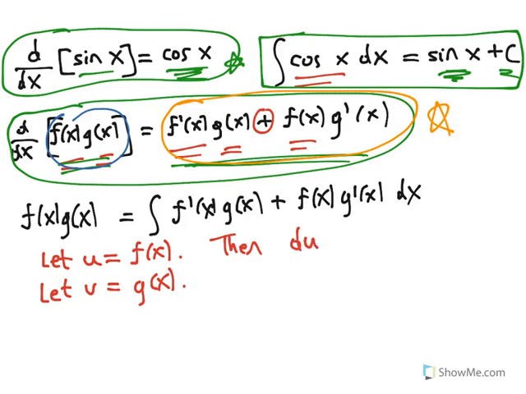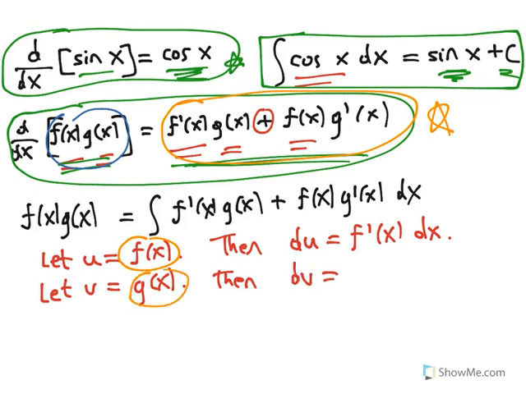The differential of u, du, by definition, is the derivative of f of x, which is f prime of x, multiplied by the differential of x, which is dx. And we'll do the same thing for v. We will find the differential of v, dv. By definition, it is the derivative of g of x multiplied by the differential of x.